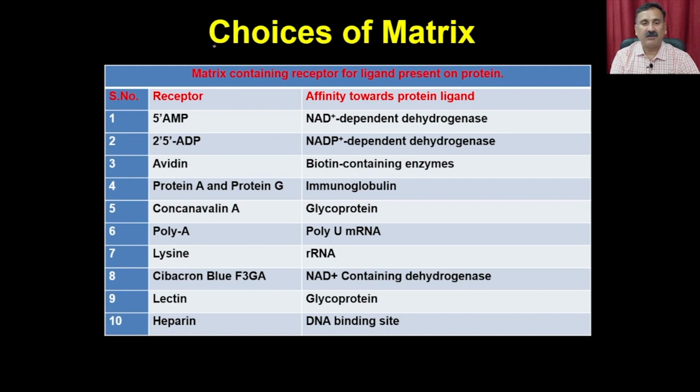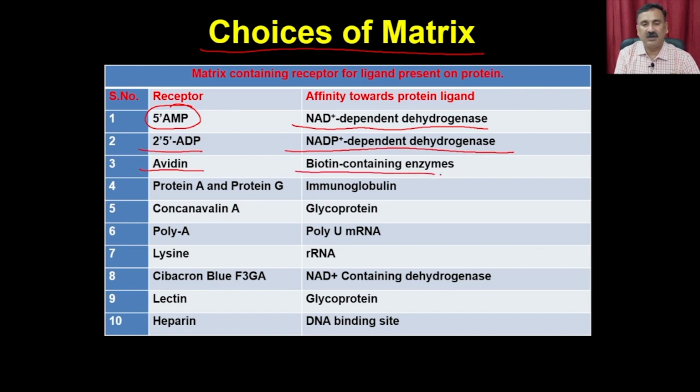For affinity chromatography, you can have different types of choices. You can have a receptor like 5' AMP, which has an affinity for NAD+ dependent dehydrogenases. 2',5' ADP is also for NADP+ dependent dehydrogenases. You can have avidin, which binds biotin-containing enzymes. Then you can have protein A or protein G, which have affinity for antibodies.